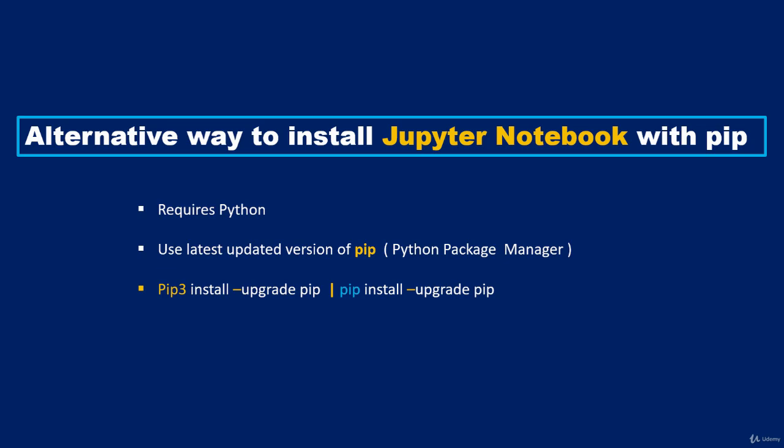Then if you want to install the Jupyter Notebook using the Python package manager, you type in pip3 if you're on a Mac, install, and then Jupyter. If you're running a Windows-based computer, you type in pip space install Jupyter. If you are doing this on a Mac, you have to do that on your terminal. If you're doing the installation on a Windows-based computer, you have to do this on the command prompt.